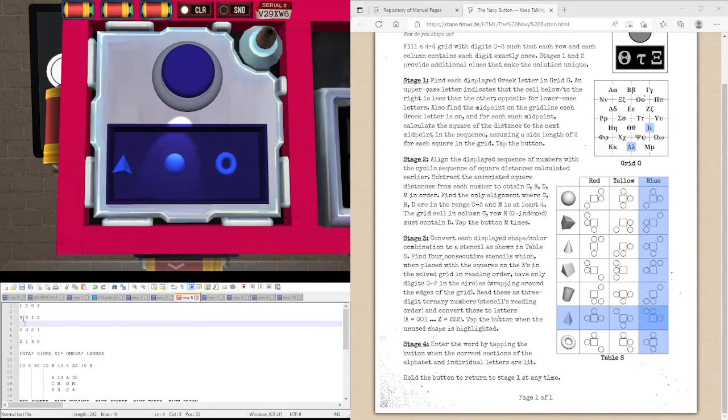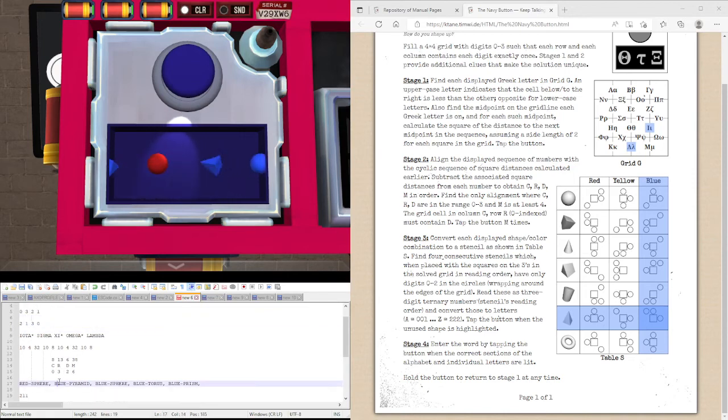Blue pyramid. Up and right, again, messes it up. So, since the blue pyramid has messed us up both times, maybe the blue pyramid is the one that goes at the end. So let's move this across. And let's move this across. I'm just theorising here.